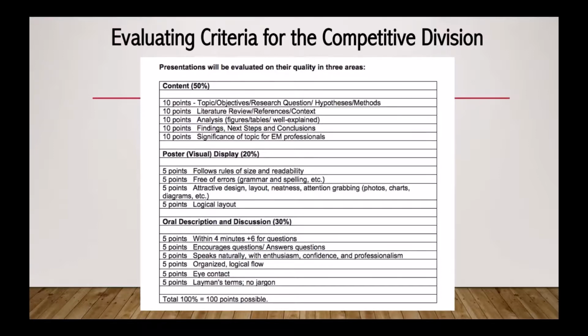Sometimes, however, we find out at the last minute, so we typically will have an extra judge or two standing by so that we can insert a judge if needed, so that there's not a conflict of interest. We find that it's very, very important to us, and certainly to those in the poster showcase, that we don't have any conflicts, because we want it to be completely fair and unbiased.